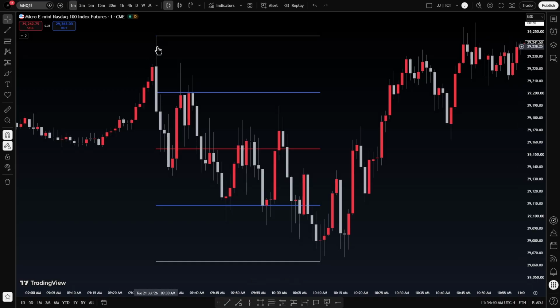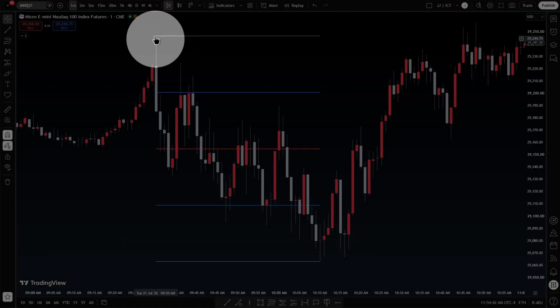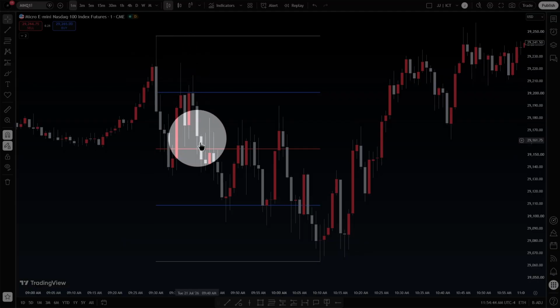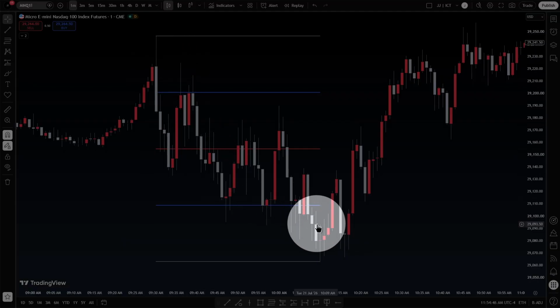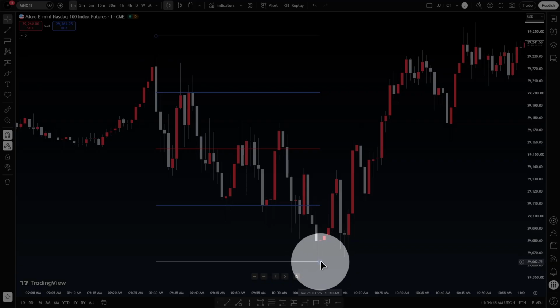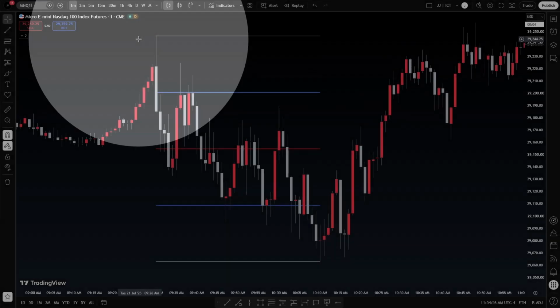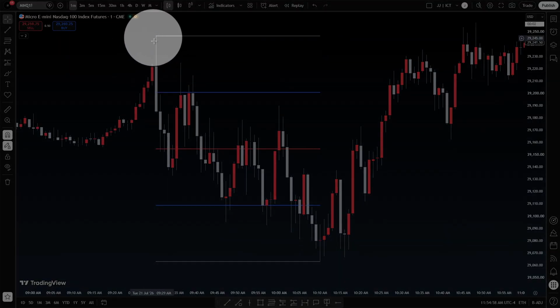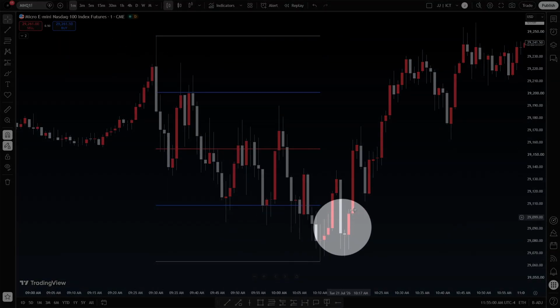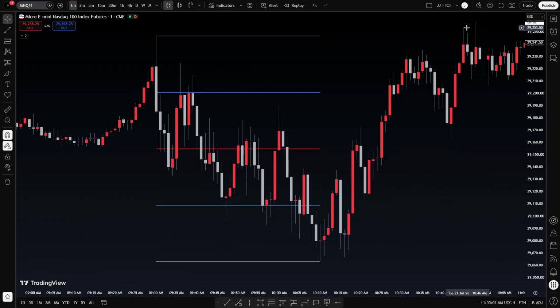Get what I'm saying? So you have the actual swing here, then we have price dropping, digging deeper, digging deeper, and then we have this deepest low here, the deepest point of price action before price started actually rallying and going to your target. Get it? Super simple. So it's just your actual liquidity point to the deepest point of price before it starts rallying to your target. That's it.